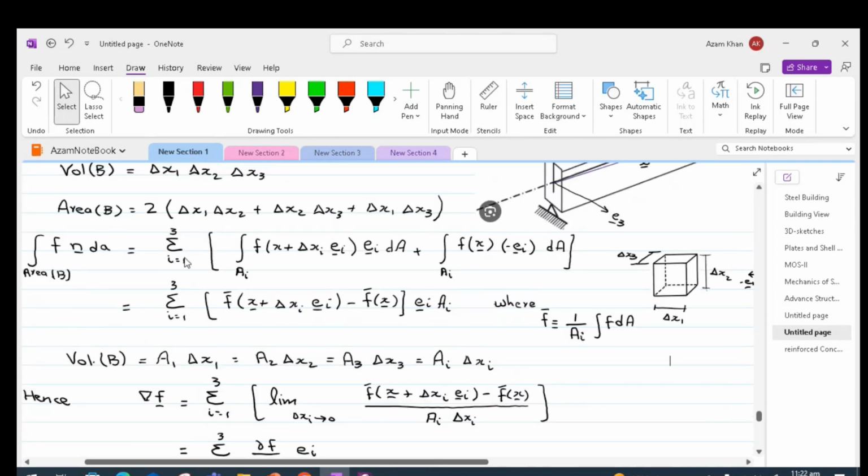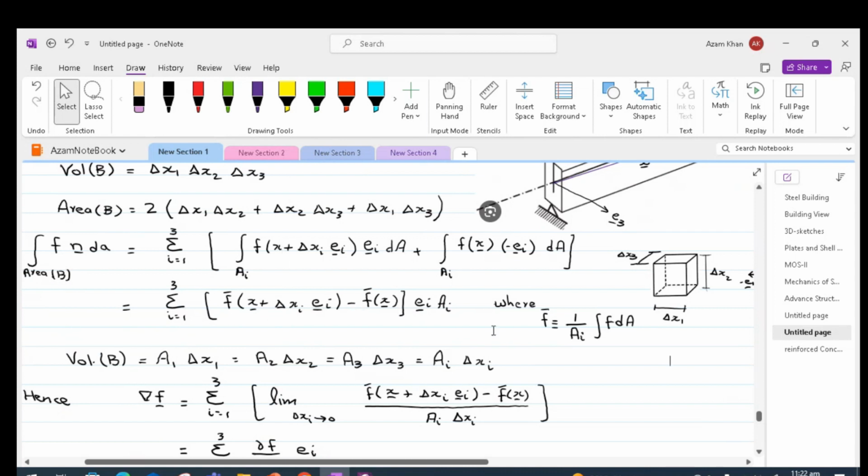If we write summation i equals 1 to 3 with these two terms, that means that we are taking the E1 direction, E2, and E3 directions. Now we can take f of x plus delta xi minus f of x as common, and we get ei Ai getting multiplied with both of these terms.